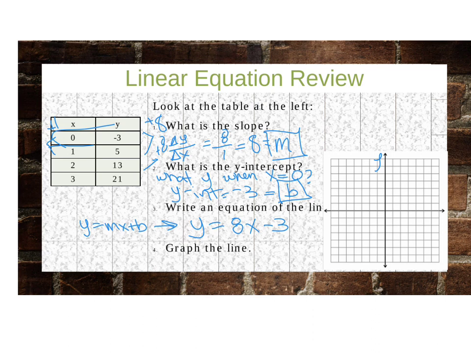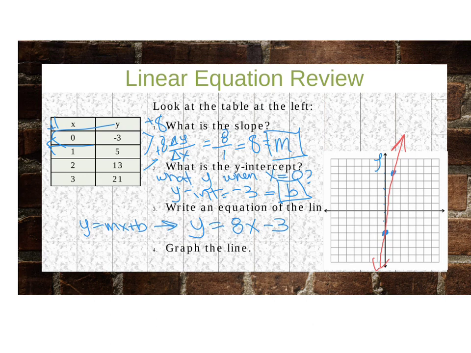So, -3 is right here. Our slope is 8, or 8 over 1, so that means we go up 8 over 1. 1, 2, 3, 4, 5, 6, 7, 8, 1. And our line, you have to excuse the crudeness of my drawing, is going to look something like this. Beautiful, huh?